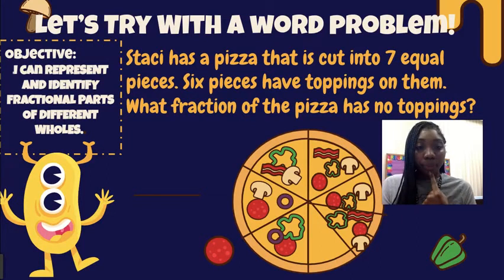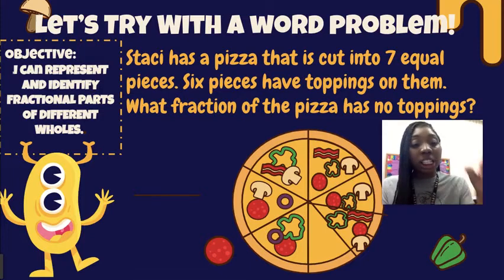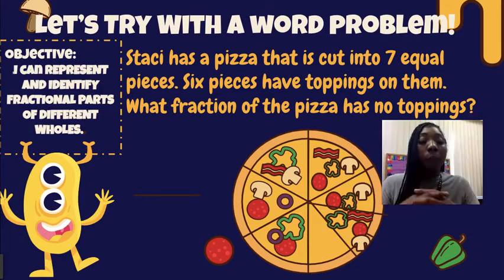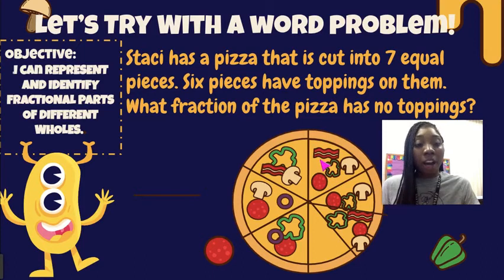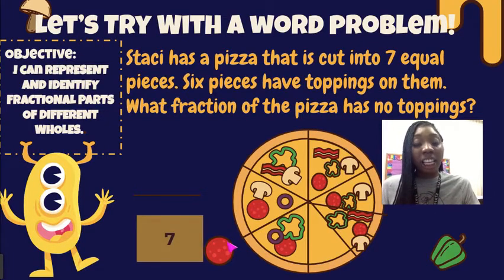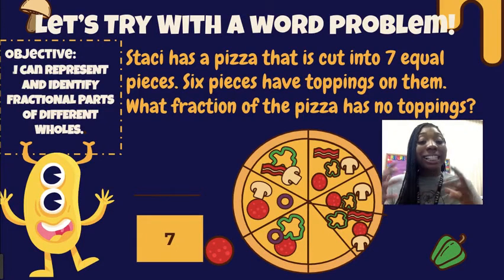Let me think. We have to write the fractional part that has no toppings. How many pieces are in the whole pizza? Let's count. Stacy has 1, 2, 3, 4, 5, 6, 7 equal pieces, so 7 is going to be our denominator, because 7 make up the whole pizza.